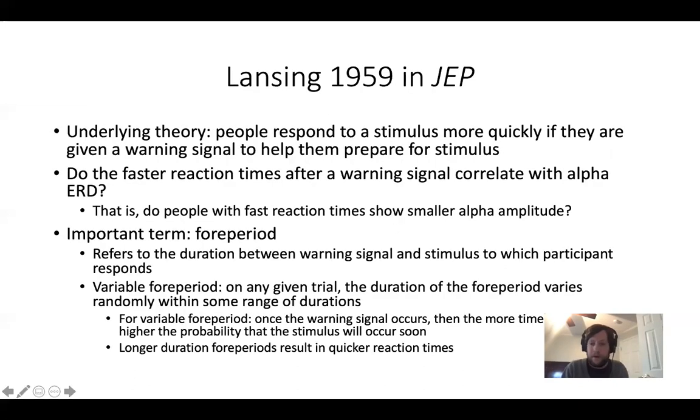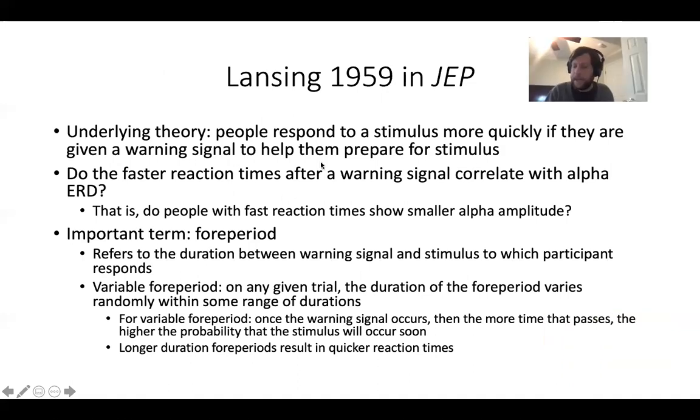So this is the article I was talking about last time. It was looking at whether there are behavioral correlations with the alpha amplitude. Based on what we just talked about, the eyes open, eyes closed experiment, it appears that when alpha amplitude is really big, you're not very attentive to what's going on in the outside world.